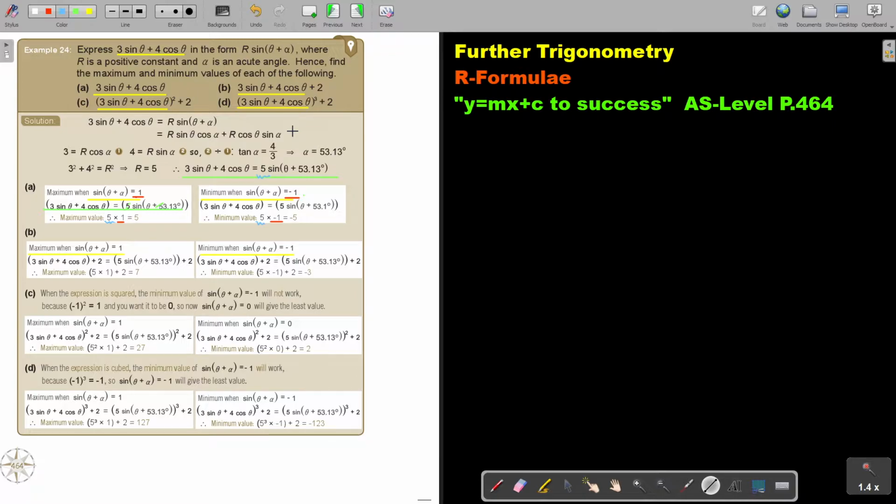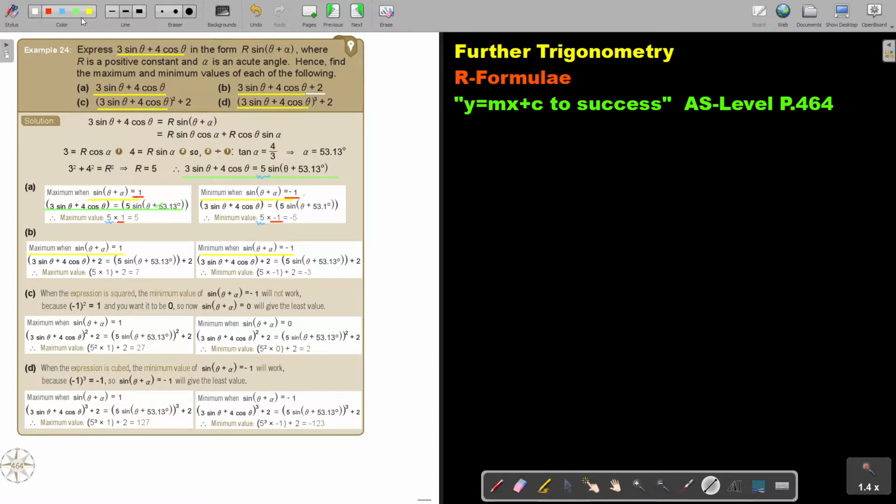So in this case, plus 2. So the normal one plus 2, and that's 7. So the normal one plus 2, and that's negative 3.